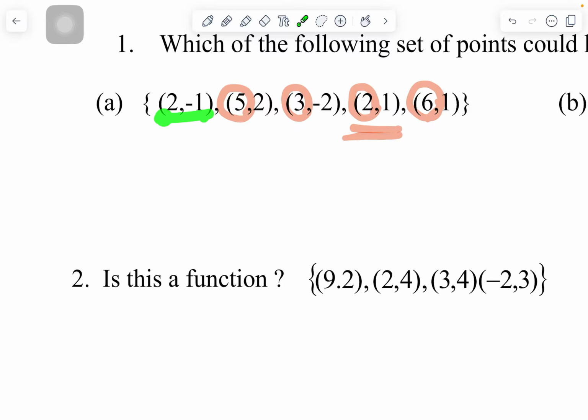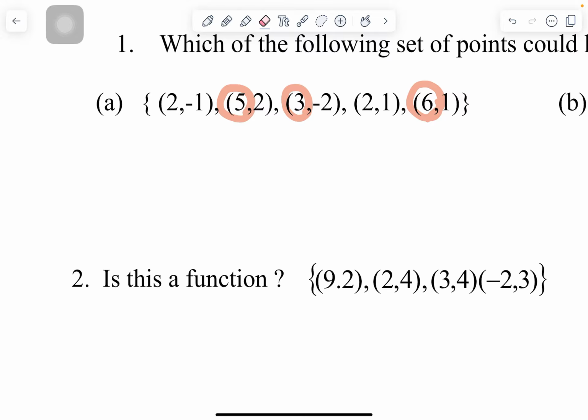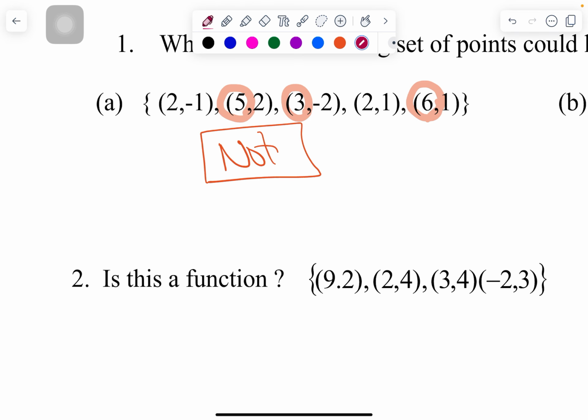Okay, that's fine, excepting that at a different time, I put the number 2 in the function, and I got back a different y value. So this is not a function. I'm just going to put down not, or you can put down no. I'm fine with either of those.